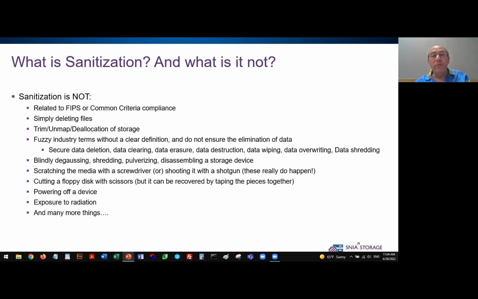I've spoken with people from data recovery houses, and people have shot a hard drive with a gun. Well, they recovered the data because the bullet missed the disks. They've scratched the hard drive surface. They've disassembled it and scratched the platter on top with a screwdriver, not knowing that that was a dummy surface and the real data was underneath it.